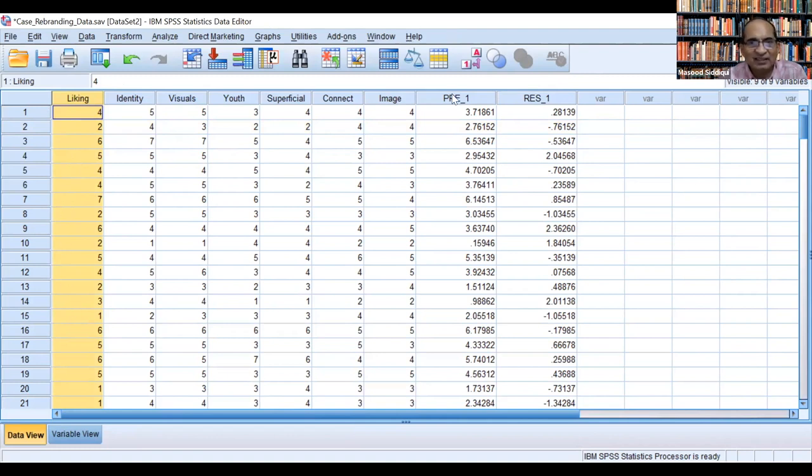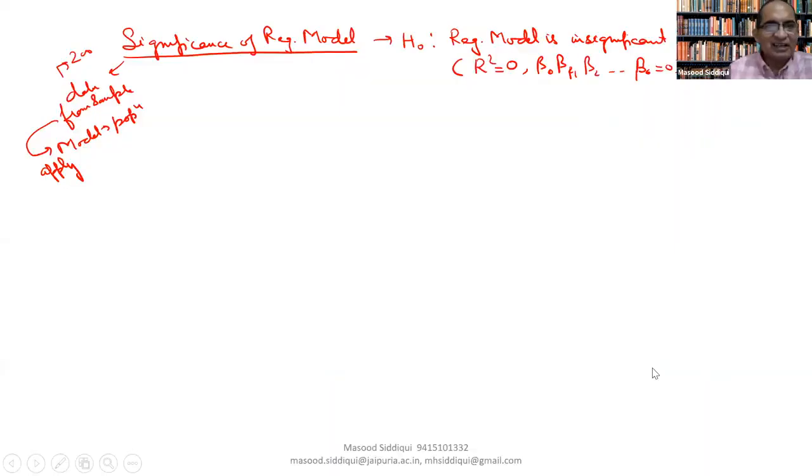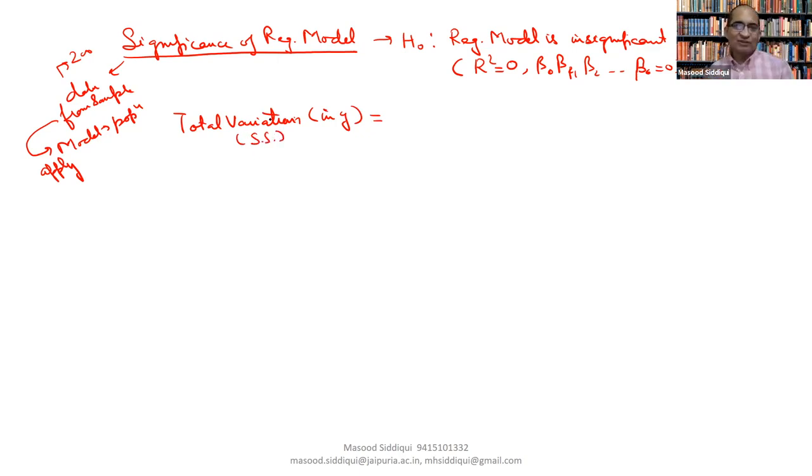So we would consider this variation. We are considering total variation, or total sum of squares in Y. Sum of squares is also an indication of the variation.